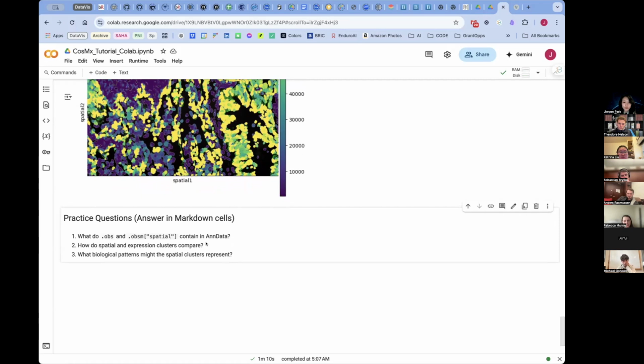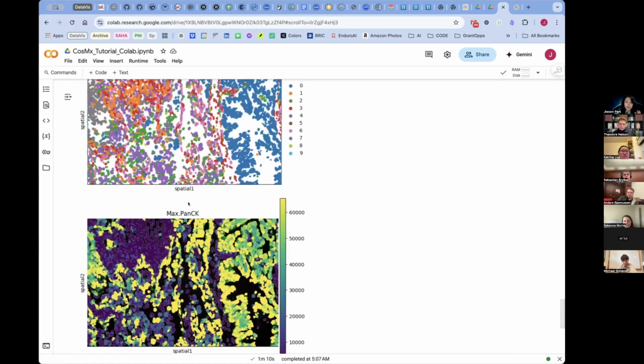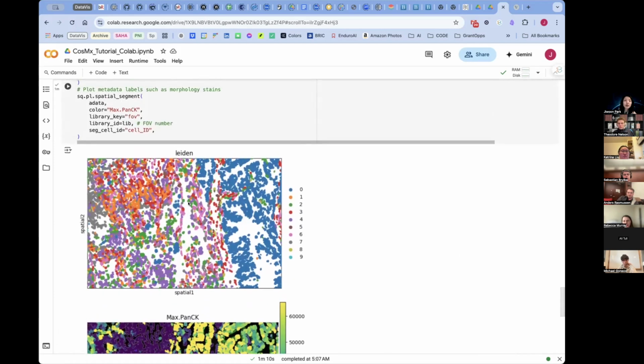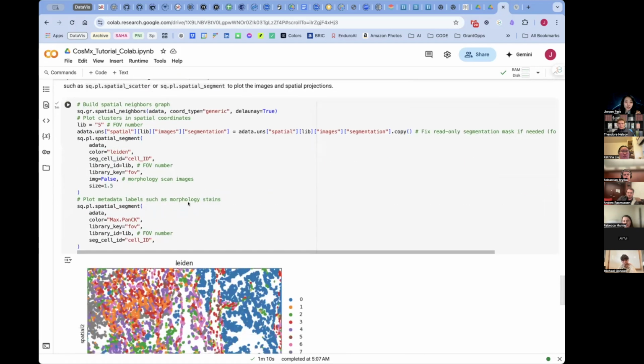If you were to do analysis, how would the spatial and expression clusters compare? Essentially, expression clusters, through latent clustering or PCA and UMAP, are looking at transcriptional information, at how expression-wise the cells are similar or different to each other. Whereas spatial clusters are more on the region side. I don't really cover this here, but there are a few different ways to cluster by spatial.